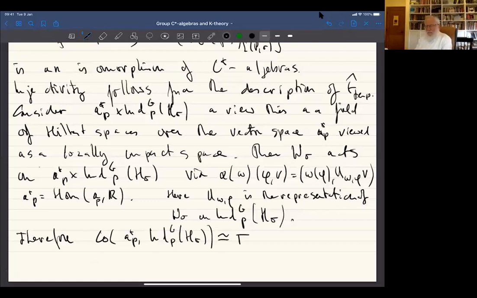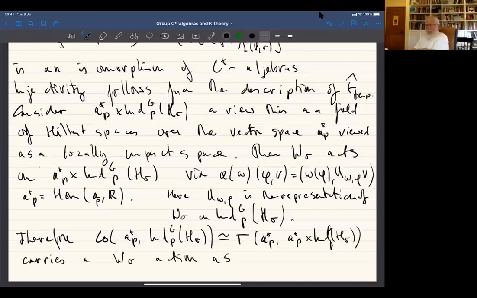So if I would use section notation gamma, then it would look like this. But this is a rather trivial identification. This carries a W sigma action as well.